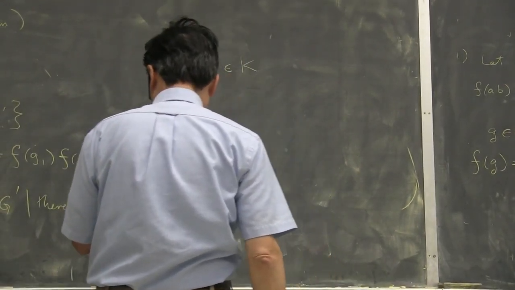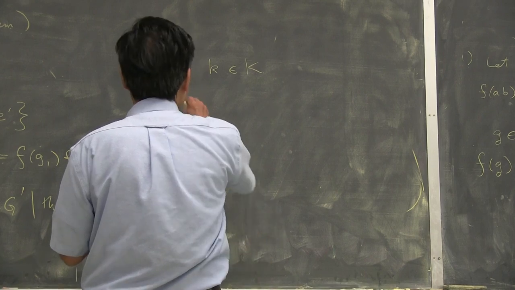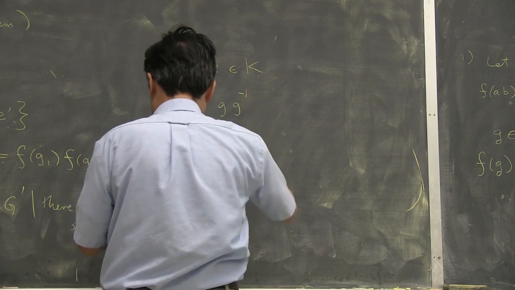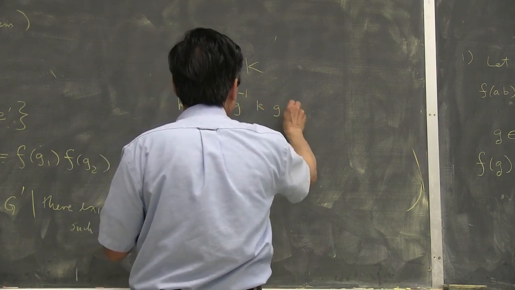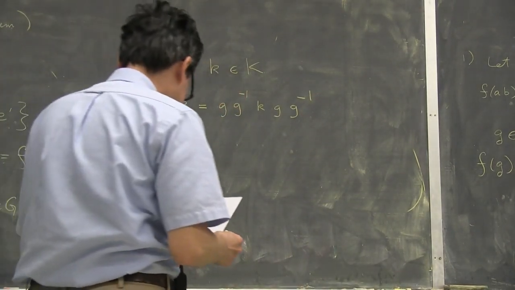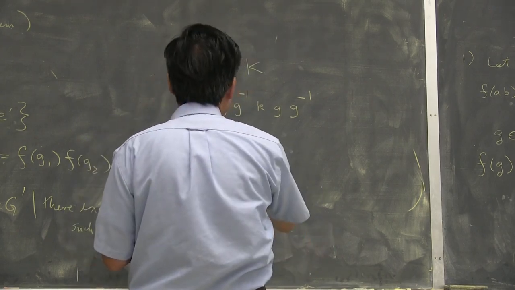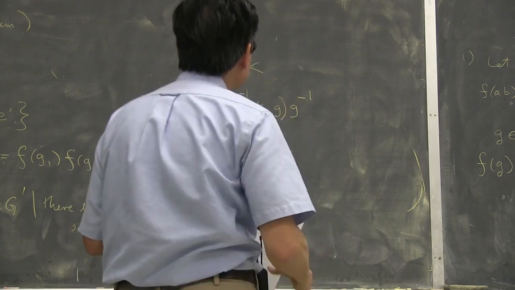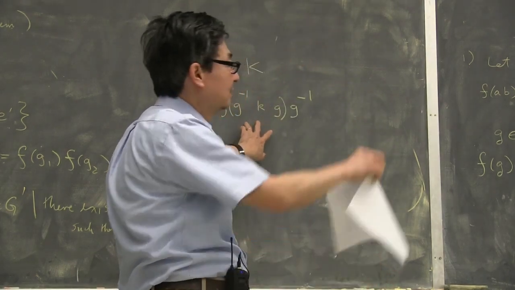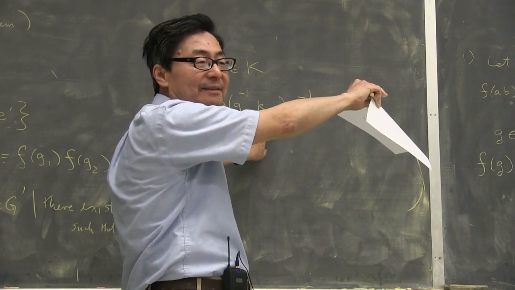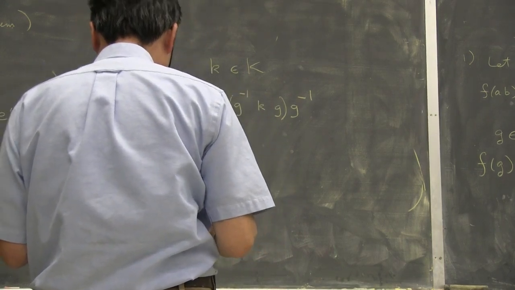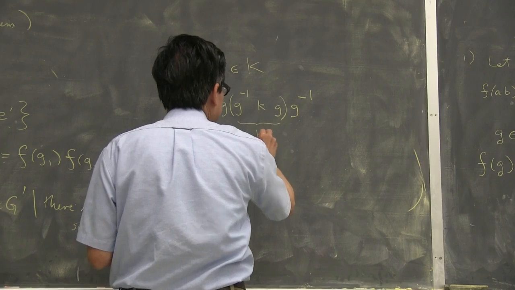I am going to write k in this way: k is equal to g inverse k g inverse, obviously. But that's obviously in K. That's the first part. I can write this as k prime.